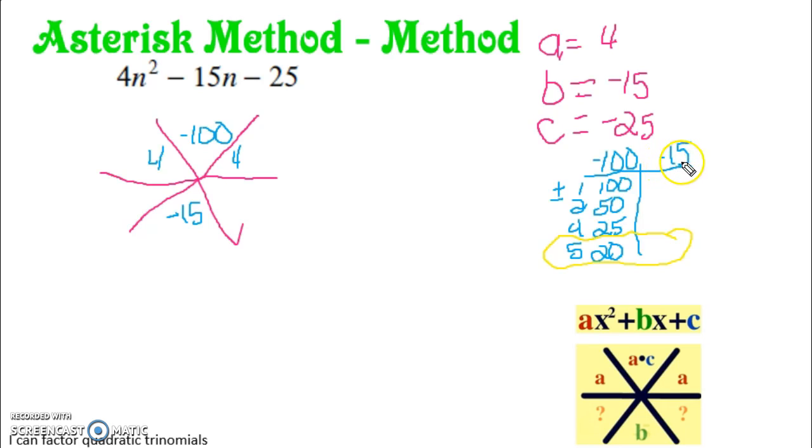To get to a negative 15, the bigger number is going to have to be negative. So we have a negative 20 and a positive 5. So now all we have to do is plug in our factors: negative 20 and a positive 5.